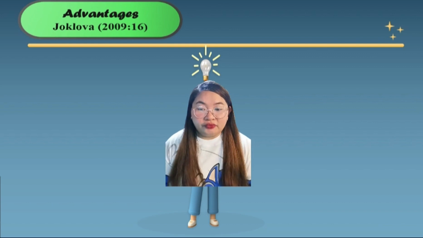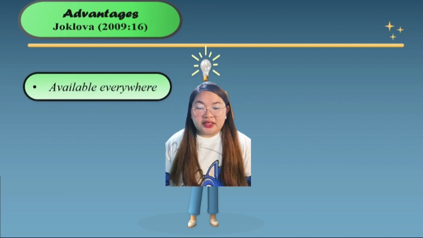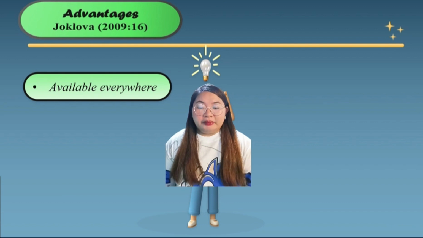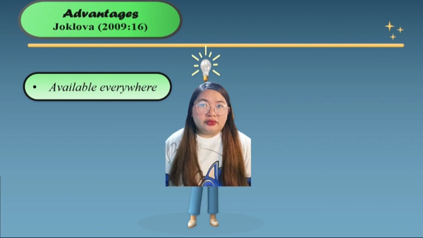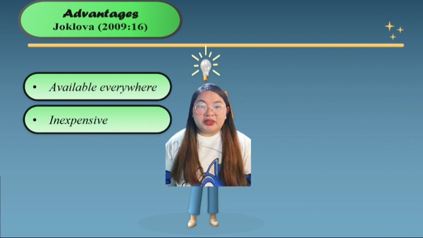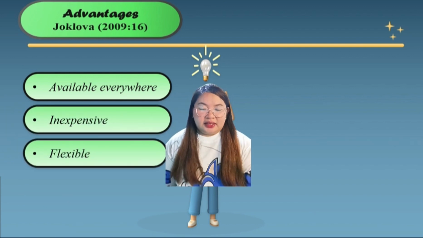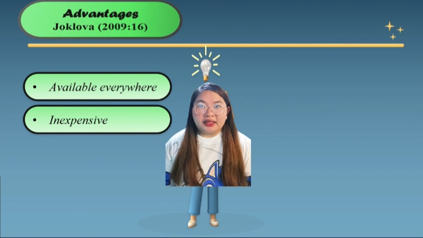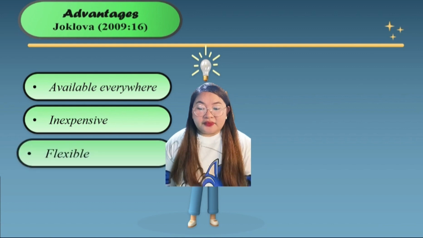According to Hoplova in 2009, the first advantage is that it is available everywhere. Why? Because we can collect it from books, newspapers, etc. It is also inexpensive, because we can get it from any magazines or the internet, and oftentimes it is free. Then it is also flexible. Why?